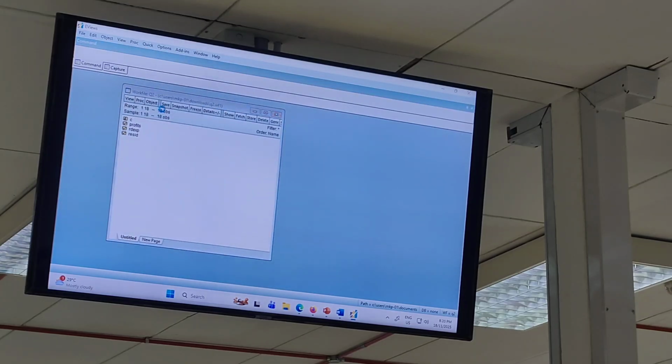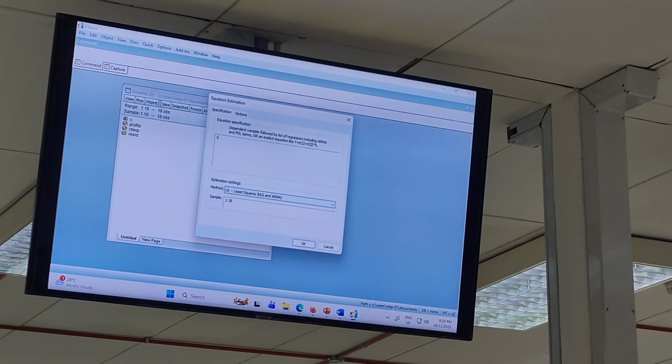Our dependent variable is R&D EXP, and then profit.